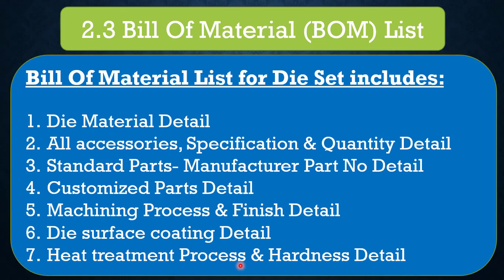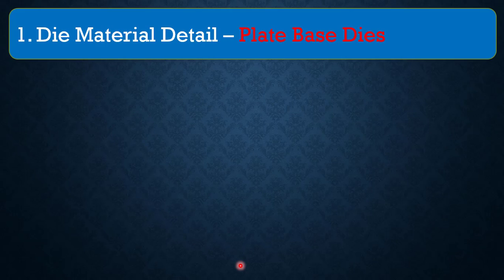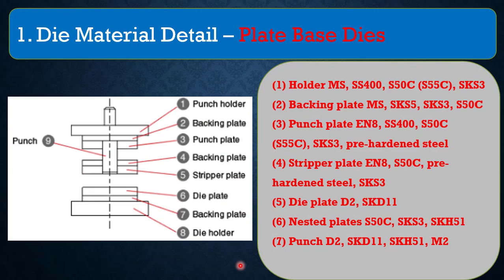I will take you through the first item, die material. In die material I have broadly classified two designs of die. Number 1, plate based die, and number 2, casting based die. In the plate based die, you can find the various materials we are using, starting from holders, which are nothing but top plate and bottom plate, and back plate, punch plate, stripper plates, die plates and nested plates, and punch and die.